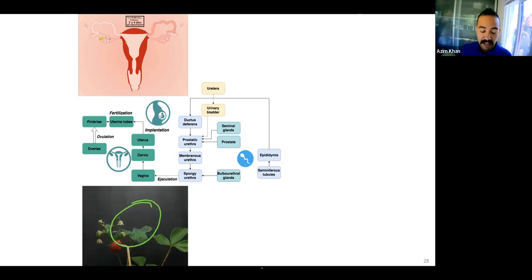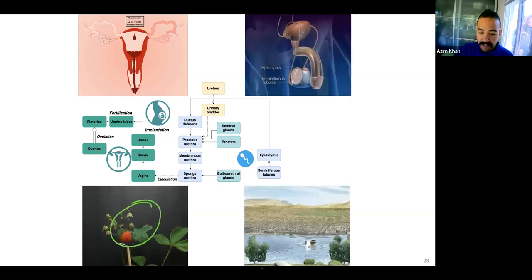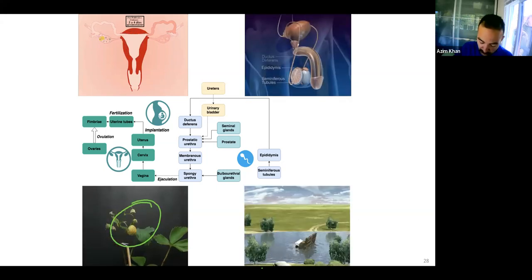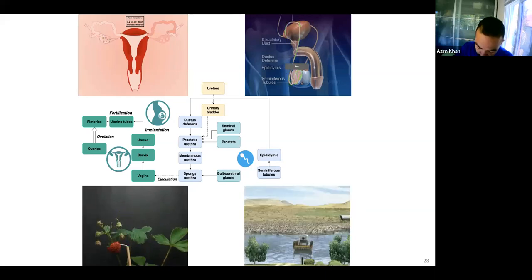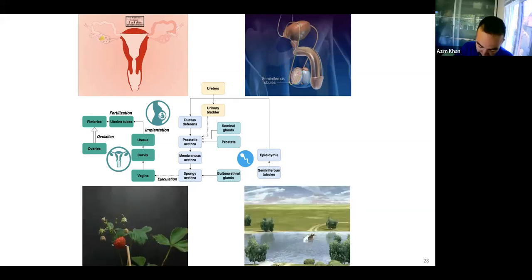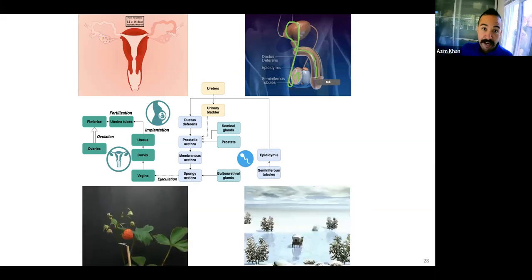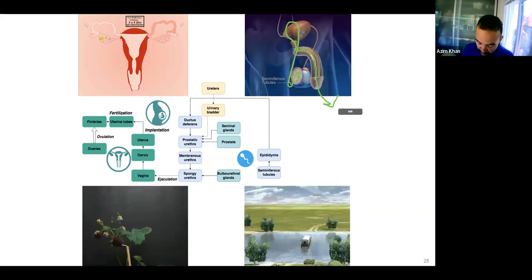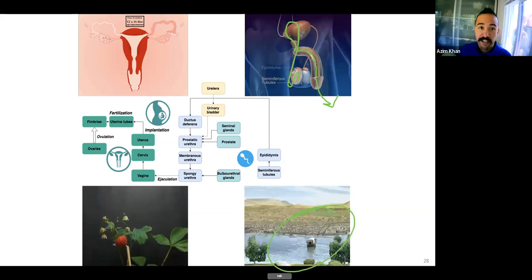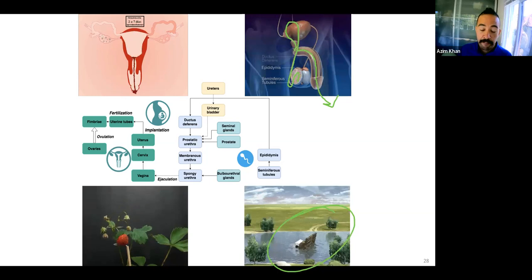It will shed and have to regrow. While with sperm in the testes, we go through this long journey of preparation from the testes into the body, then out of the body again during ejaculation, and you have to prepare for a tough journey ahead because most sperm don't survive.